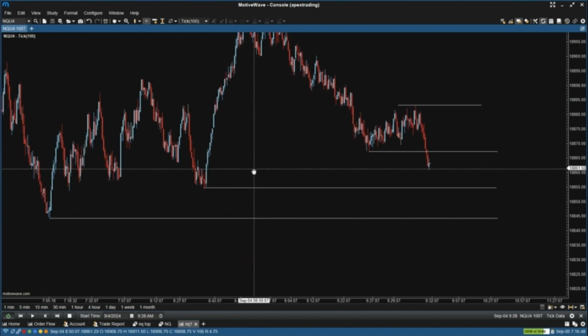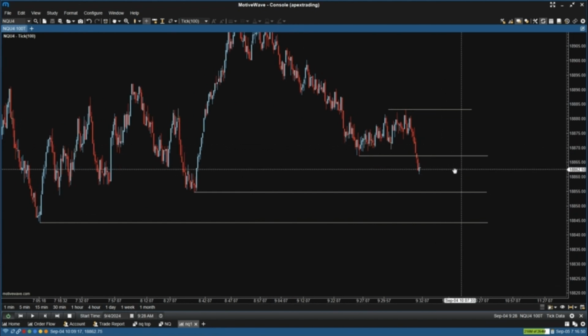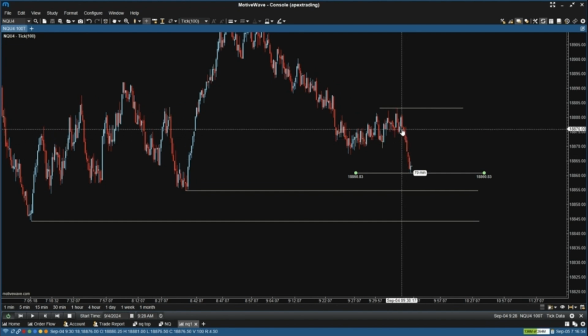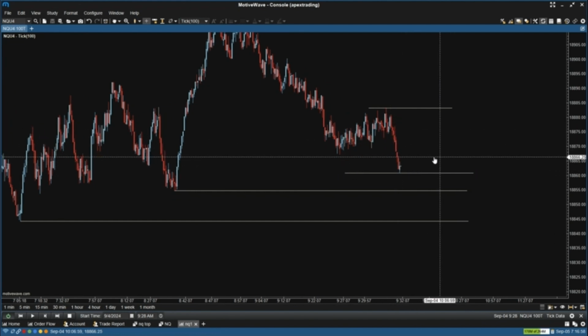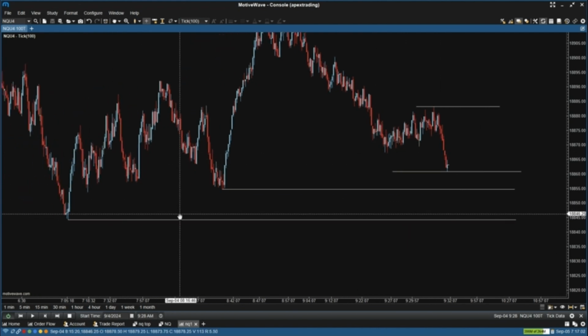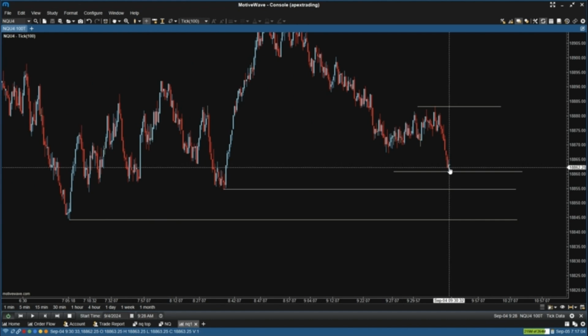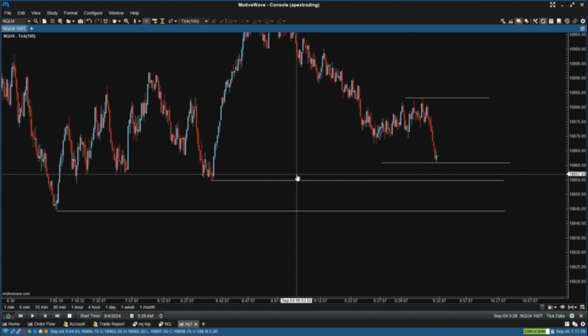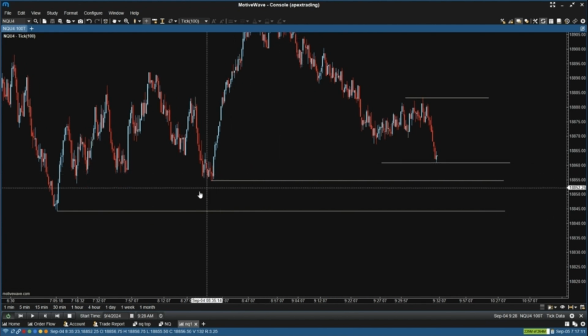Okay, this is making a low now with some strong momentum. As I can see here, it broke this structure. But what is the time? It's around 9:30. It's still very early, so I'm waiting here.